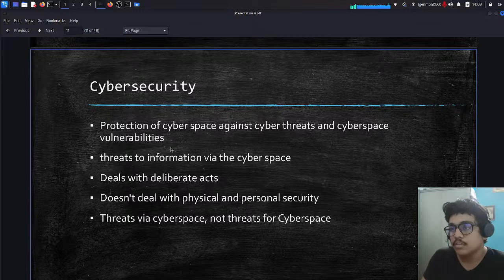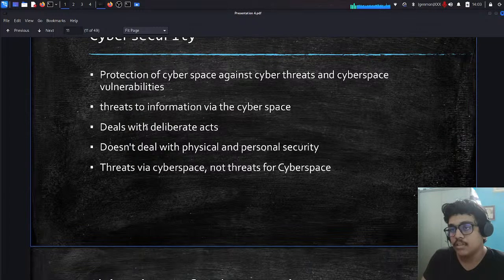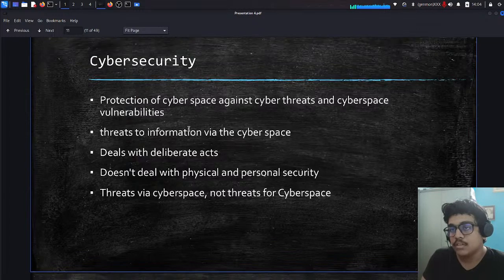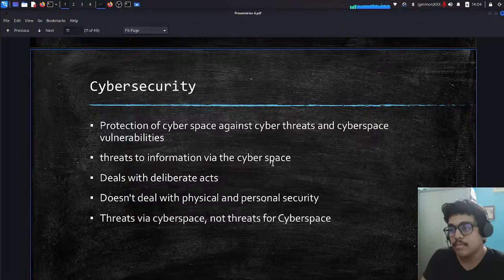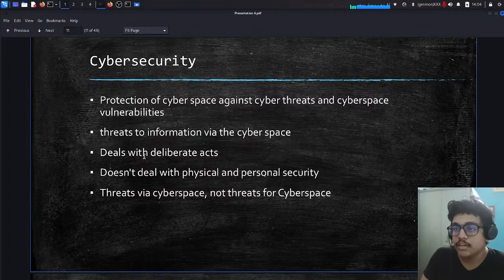This is the vulnerability. And the second point is threats to information by the cyberspace, that is already discussed. For example, if you have saved your Aadhaar card or PAN card on the internet, this information is useful for bad hackers. They can threaten this. So it deals with the deliberate acts of the bad hackers.